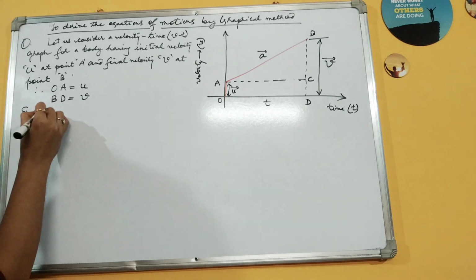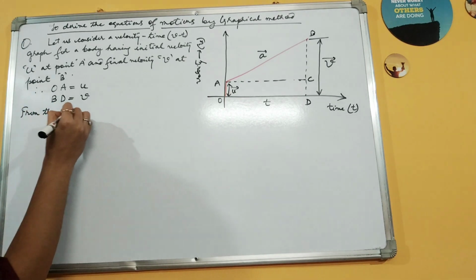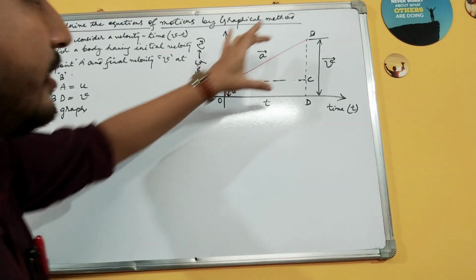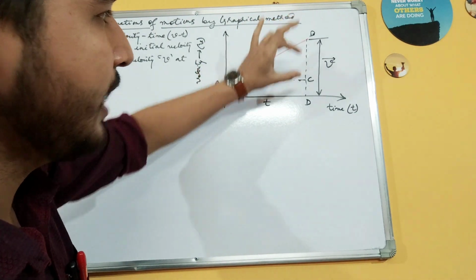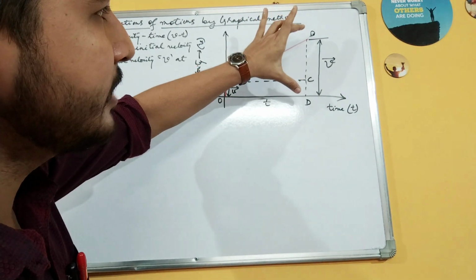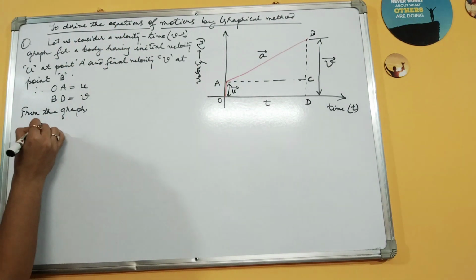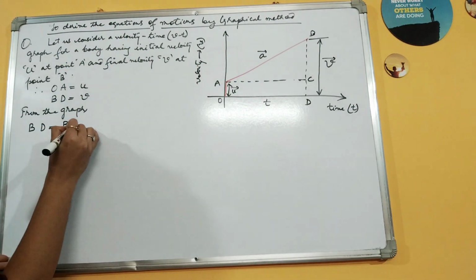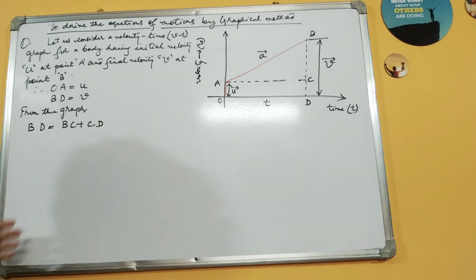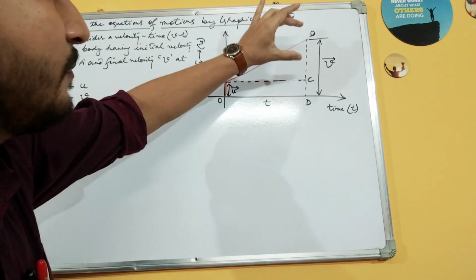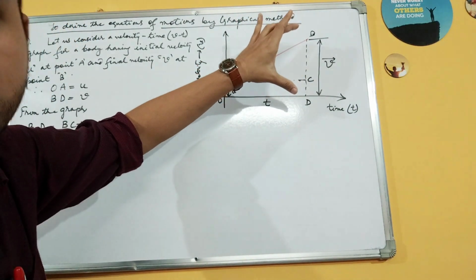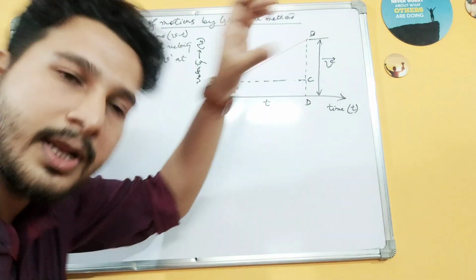Now from the graph हम लोग ग्राफ से लिख सकते हैं, this is BD, this is BC and this is CD. BD is equal to BC plus CD. Can we write that? BD is equal to BC plus CD. Two fragments, दो टुकड़ा है ये, line segment का दो टुकड़ा, ठीक है?